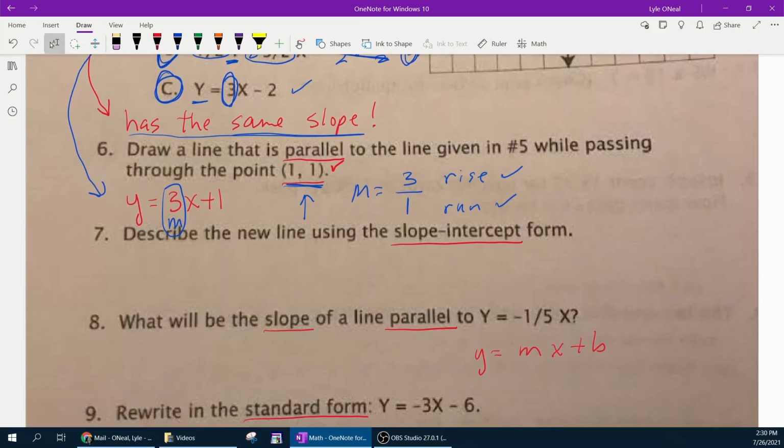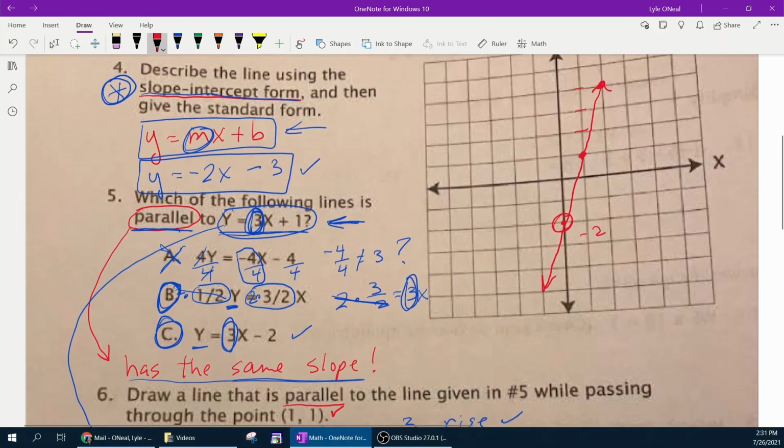So it says, for number 7, describe the new line using the slope-intercept form. Well, we know slope-intercept form is y equals mx plus b, where m is the slope that we already know. We know that m is 3, so that's going to be y equals 3x. Now we need to know b.